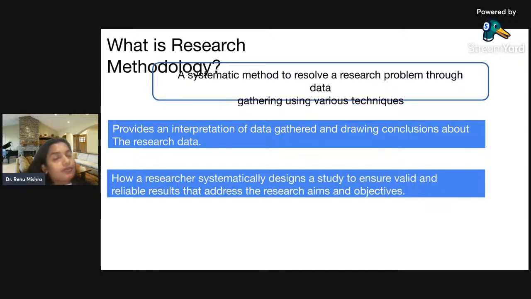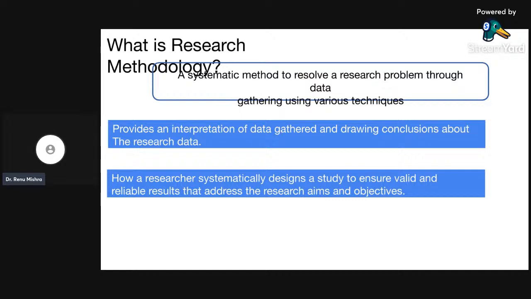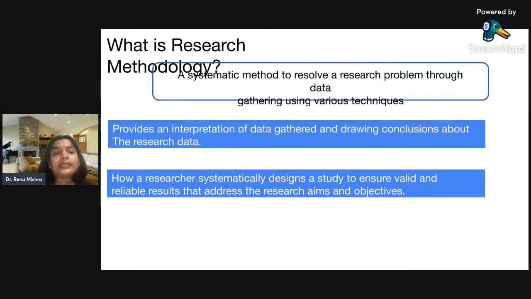Now, the understanding about this research methodology should be very clear. And one thing I would like to tell you all, whenever you are doing a research paper, a research project or thesis, or your MPhil or your PhD, any kind of research, always make sure that you are not only focusing on mentioning the research methods.